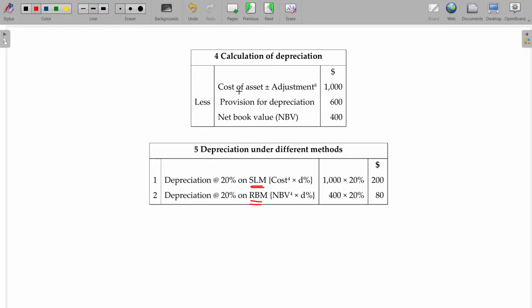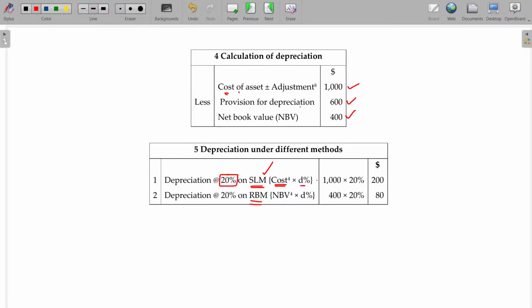So the original cost of the asset being 1000 rupees, and whatever accumulated provision for depreciation of the asset you have since the date of purchase will be subtracted. After subtracting, you will get the net book value. Now, if the rate of depreciation is given as 20%, and if you are supposed to calculate under the SLM method, you have to take the original cost, on which this 20% will be applied.